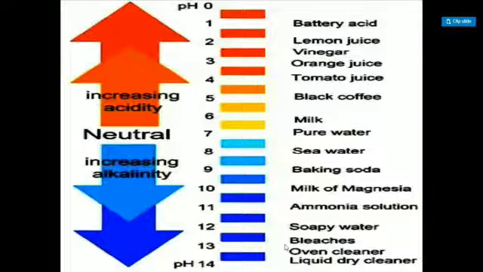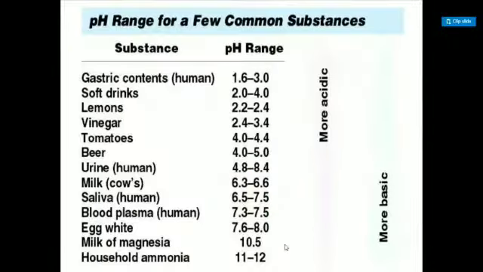Different solutions or different compounds, acids or bases, are given here, and you can see their pH values on your screen. The pH range of different substances is given. It starts from 1.6 to 3 for our gastric contents, gastric juice.